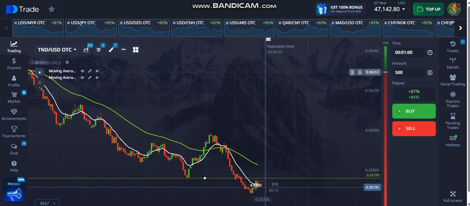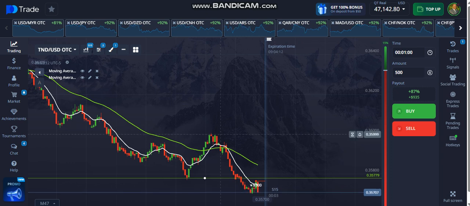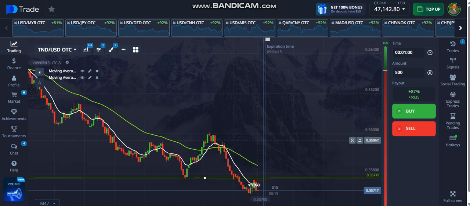Okay, so I'm back on the TND USD OTC pair, and I just took a bearish trade. The reason why I took the sell trade is, first, you see the crossover of the 10 EMA and the 50 EMA at the top.